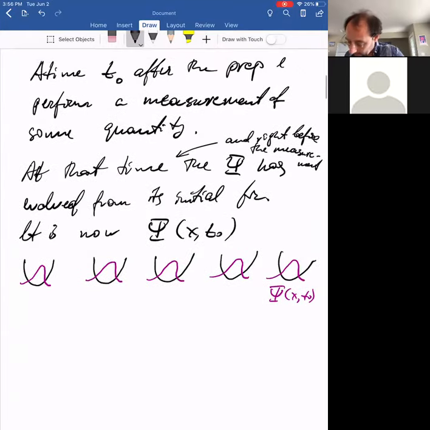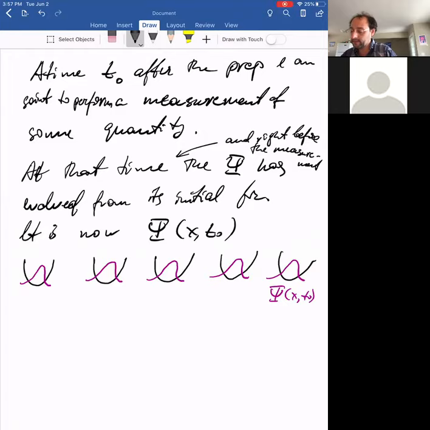So at time t naught, I am going to perform a measurement of some quantity: position, momentum, charge, mass, angular momentum, some physical quantity.